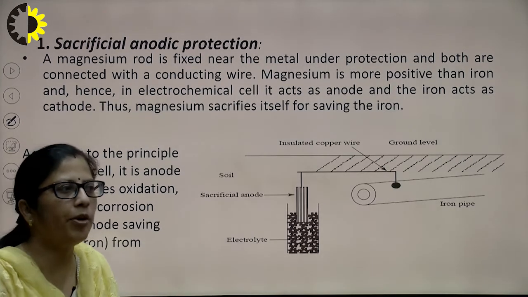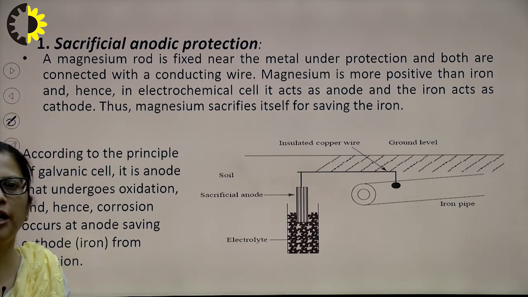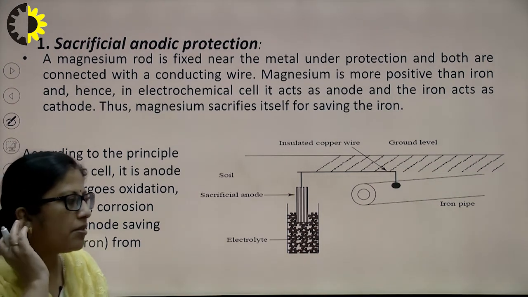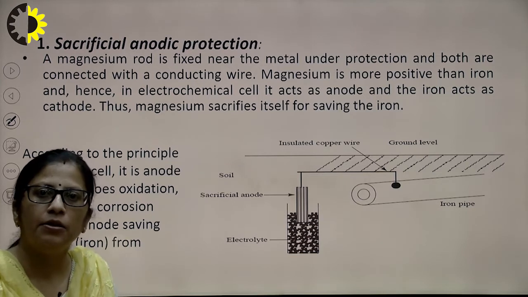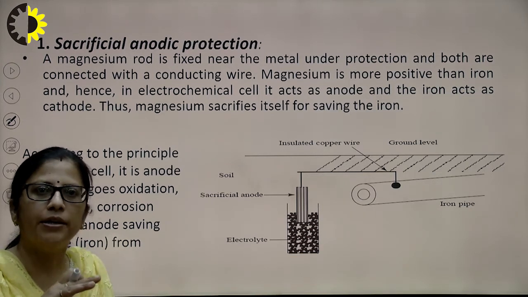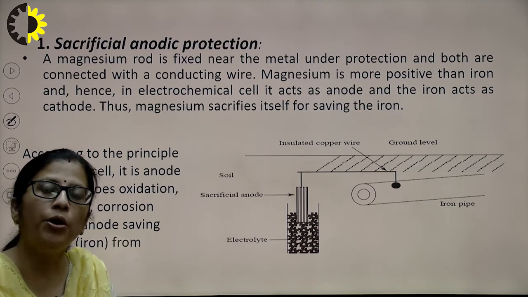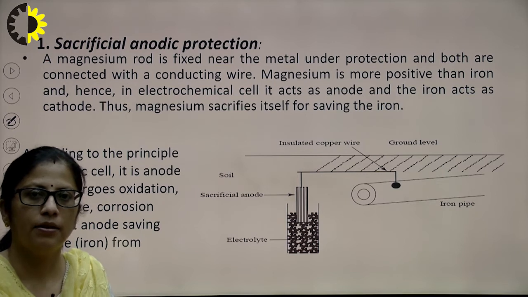Now, cathodic protection is done in two ways. The first method is the sacrificial anodic protection. Sacrificial anodic protection, as the name suggests, is to connect our metal with a wire to such a metal which is more anodic than the metal which we are going to protect.